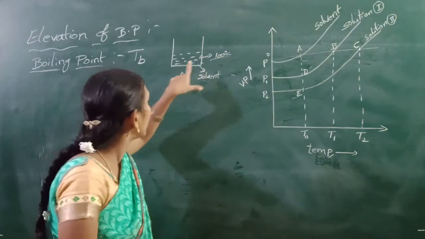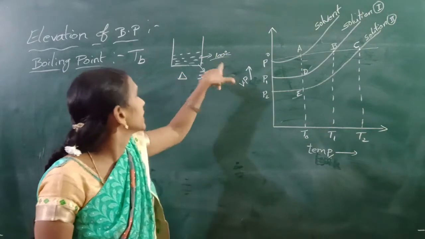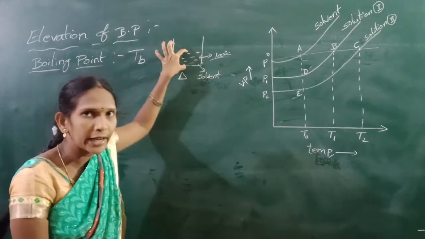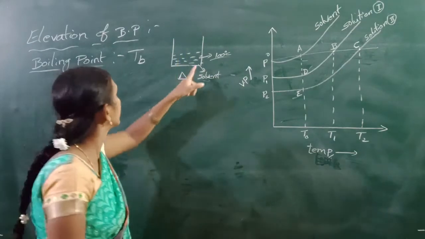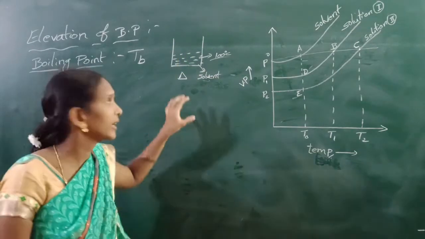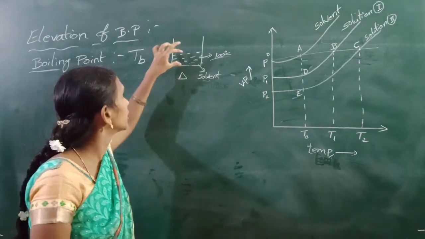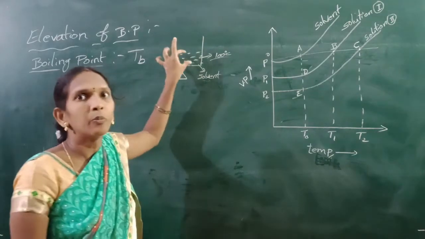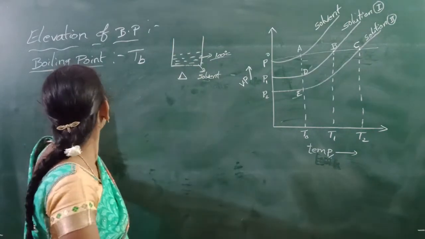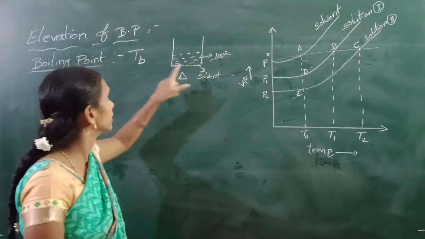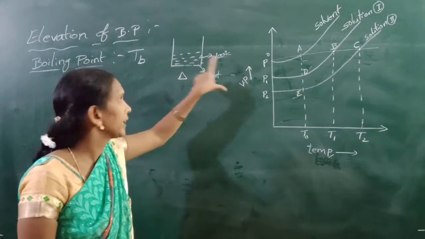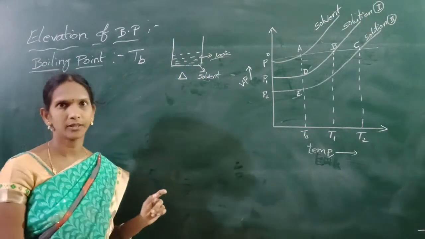At 100 degrees centigrade, this water boils. That means the temperature at which the liquid boils is called the boiling point. The boiling point of water is 100 degrees centigrade.